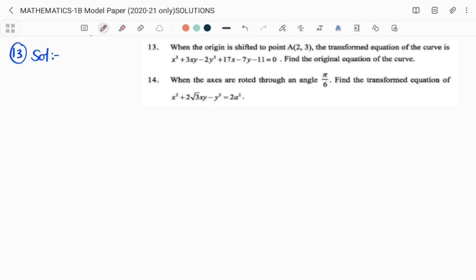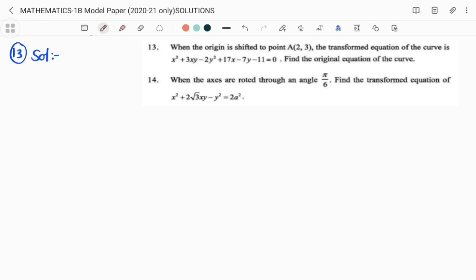In this question, two important things you have to remember, dear students. First, you have to observe whether the transformed equation or the old equation is given. The transformed equation of the curve is given, that means the given equation is the new equation. That means in the answer step, you have to write it in capital letters.